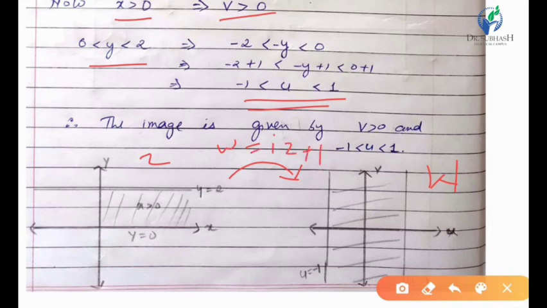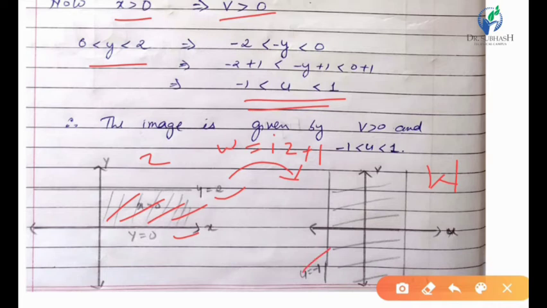In the z plane here we have y equal to 0, so it will be the x-axis, and y equal to 2 will be this line. Since it is given that x is greater than 0, we only get the positive part, so this will be the region which is given to us. And what is obtained in the w plane is minus 1 less than u less than plus 1.